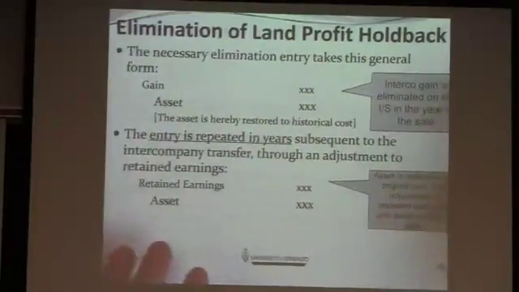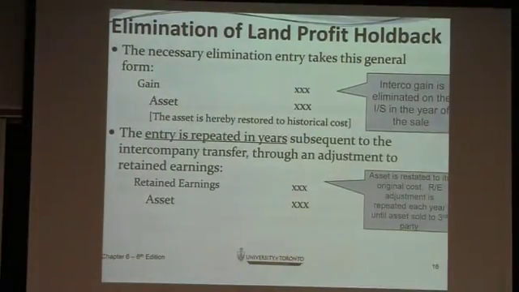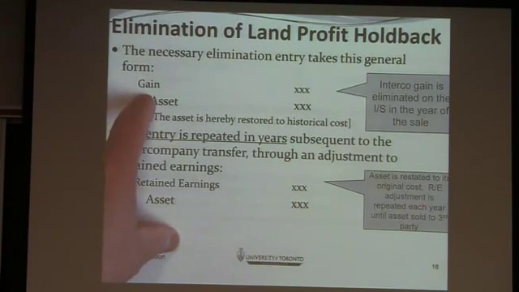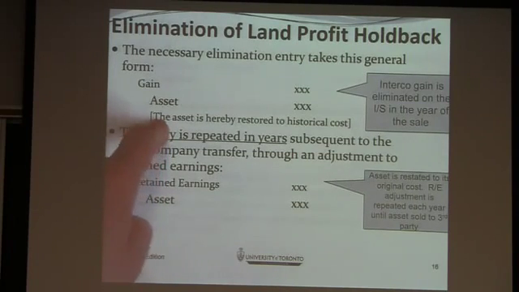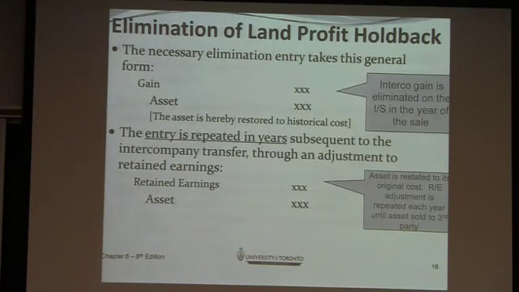In your lecture notes, you'll see that when there is a sale of land, which is representative of a non-depreciable asset, at the date of sale within the related group, you need to defer the gain. So we need to debit the gain and credit the asset.